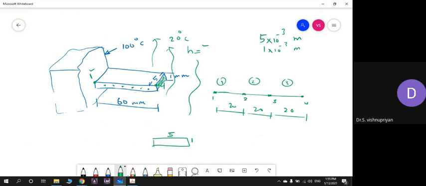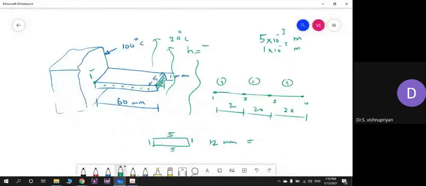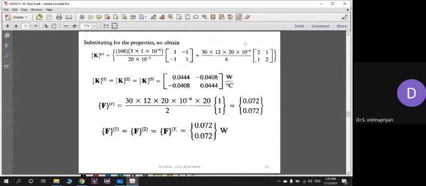Perimeter means the total length around this rectangle, that is 5, another 5, so 10, plus 1 plus 1. So 12 millimeter is the perimeter of this rectangle. So 12 times 10 power minus 3, and again, length is 20 times 10 power minus 3. So 12 times 20 times 10 power minus 6. That is what is given here, over 6, with the matrix 2, 1, 1, 2. Now if you do the simplifications, you get for all the elements this conductance matrix.